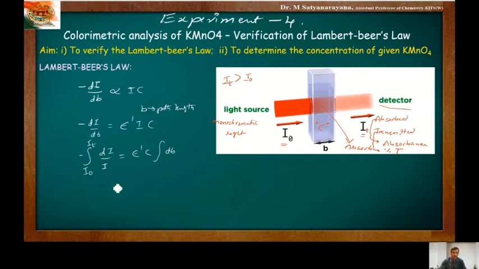So what does the final equation look like? Log I0 by IT is equal to epsilon prime C B. The integration of dB means B.